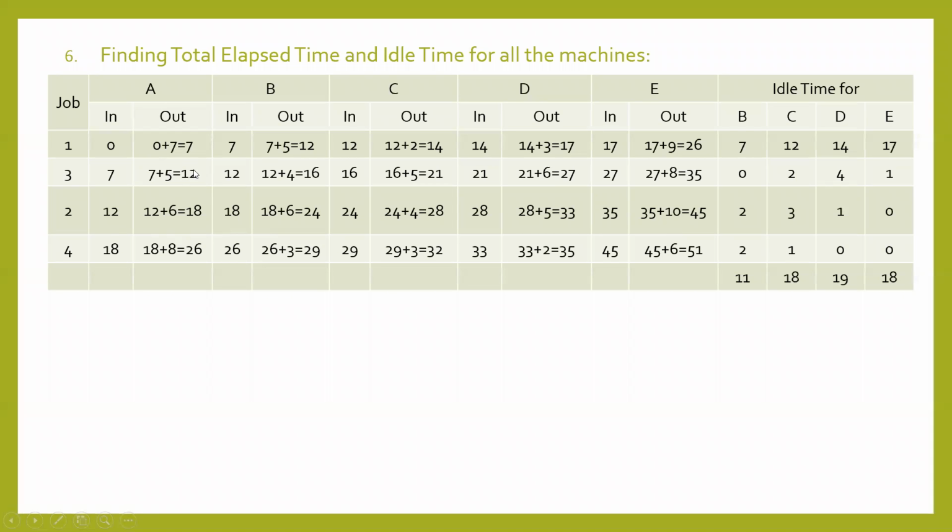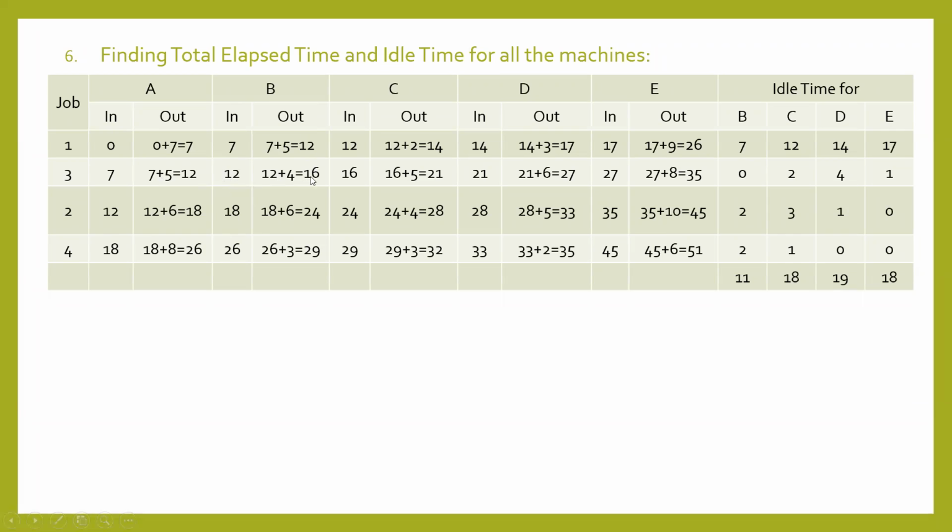That means job number 3 can get processed on machine B after it completes processing on A. Here out is 12, and for machine A also, job number 3 out is 12. Both are the same, so this in will be 12. That means machine B gets free at the same time when the second job is arriving.